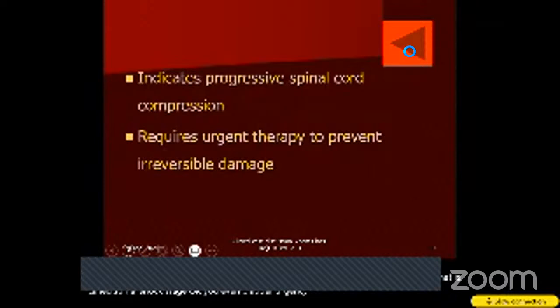Are you people listening? Say yes or no. Aditi, functionally, paraparesis. Swapnil, all of you absent.